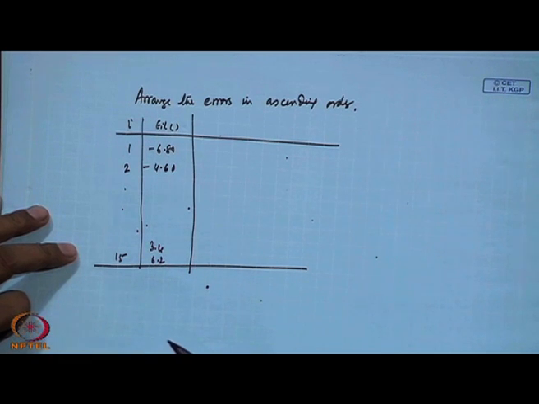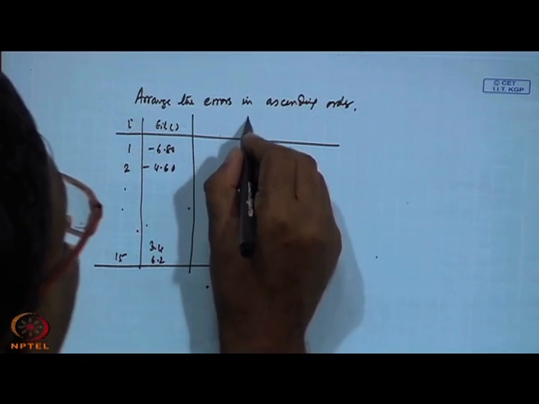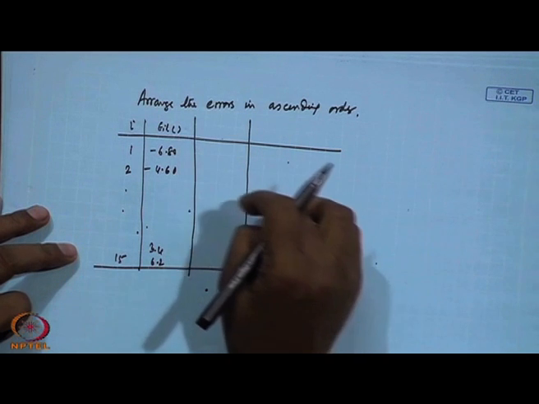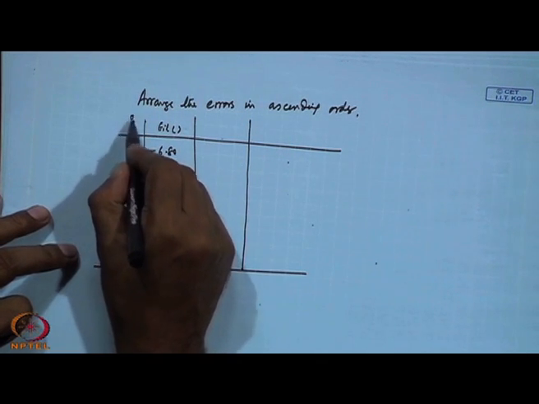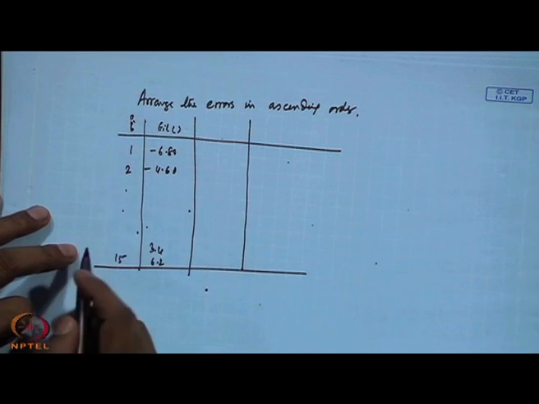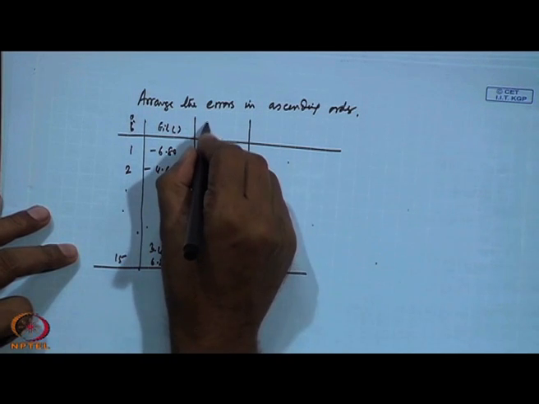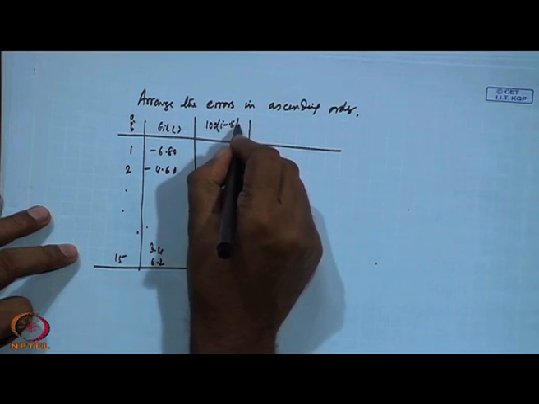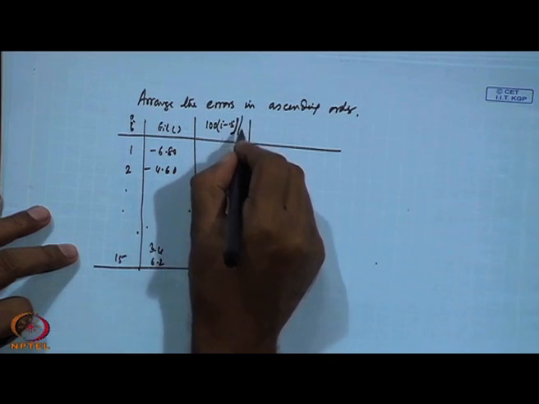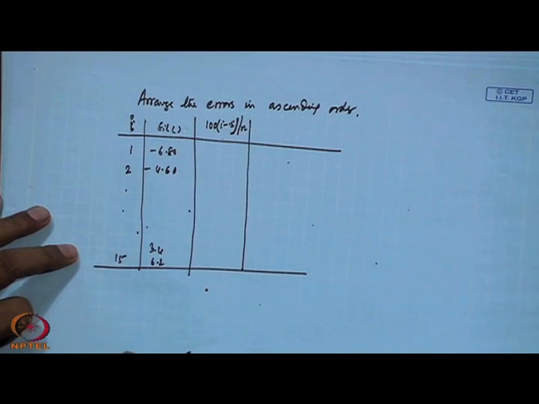Then you have to find the empirical probability value using i: 100 into (i minus 0.5) by n.